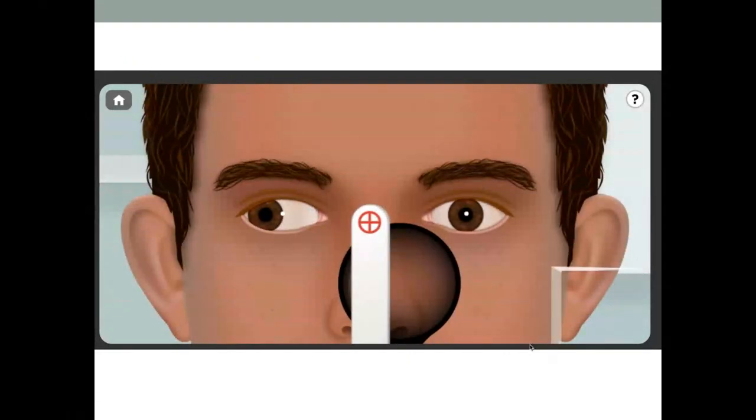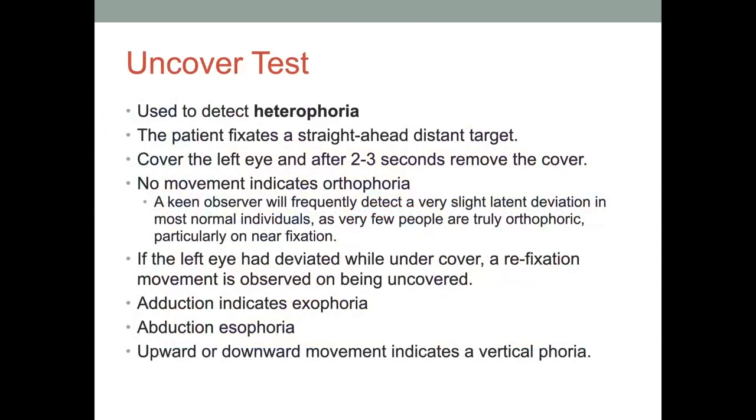That's okay. So we're going to talk about the uncover test, which is to detect a phoria, which is a hidden squint. So the patient fixates straight ahead on a distant target, and you cover the left eye for about 2 to 3 seconds and then remove the cover. If there's no movement, that indicates an orthophoria.